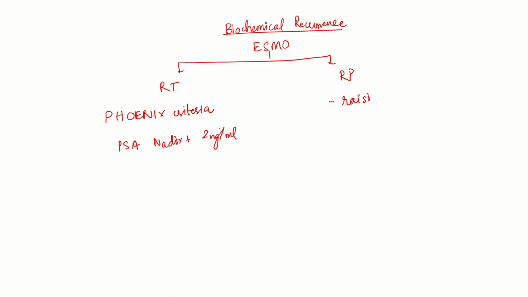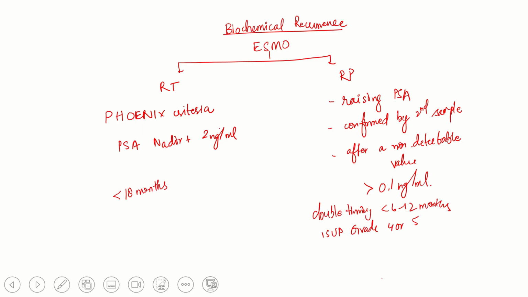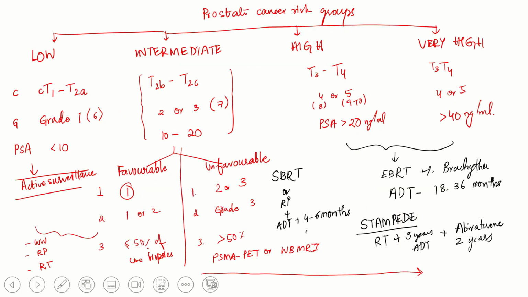Post radical prostatectomy, if there is rising PSA level confirmed by second test after a non-detectable value, if it is more than 0.1 nanograms per ml. So that is in a nutshell about the management of prostate cancer and various staging and risk groups.